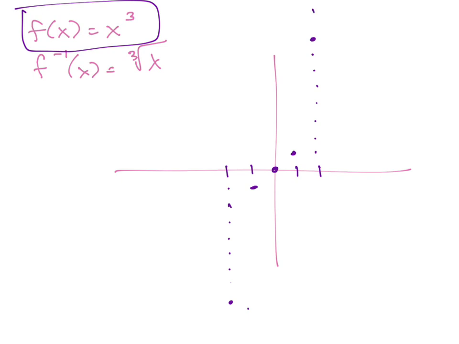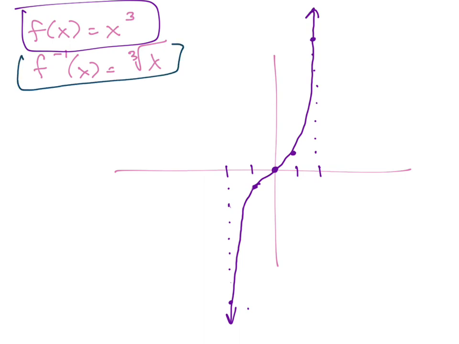Right? So I've got this big elongated S type thing. But it's good. I did good. Let's go me. Points. I get points. 2 and 8, yeah, because 2 cubed, 2 times 2 times 2 would be 8.